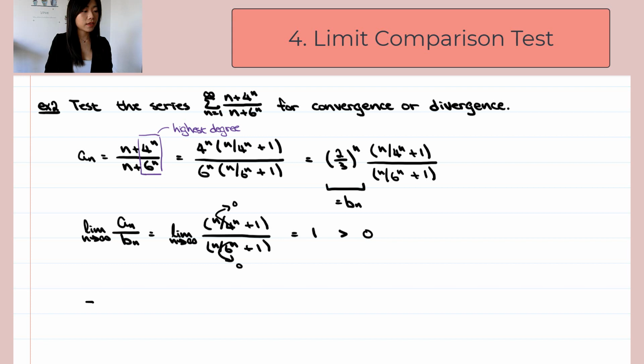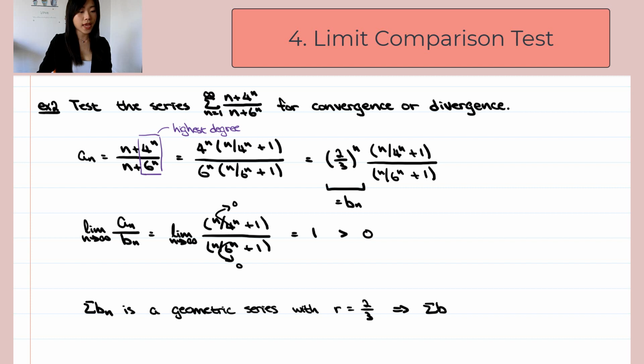And I know that the sum of bn is a geometric series with r equals 2 over 3, which is smaller than 1. So the series of bn converges.